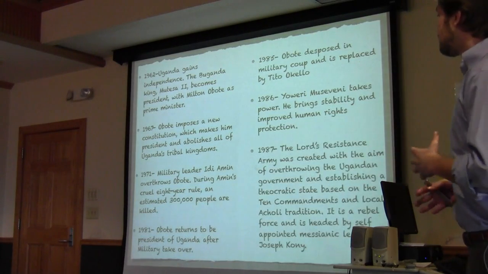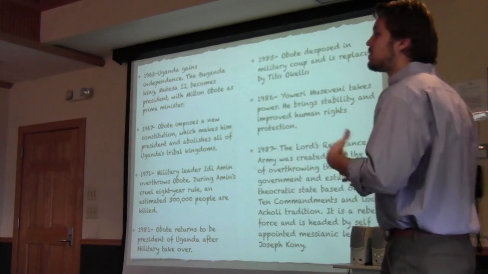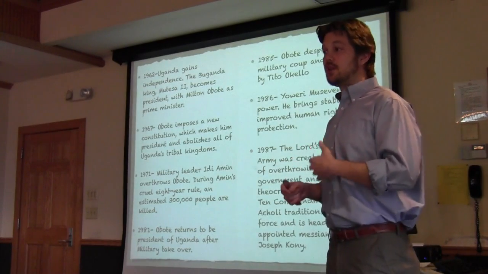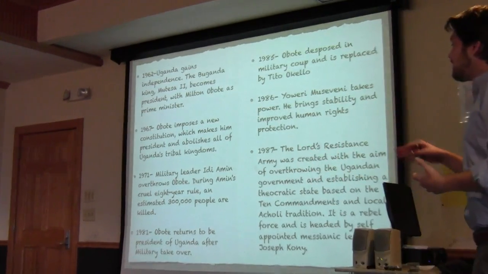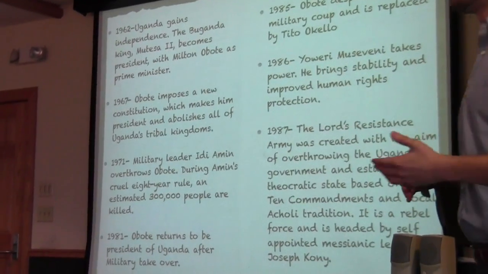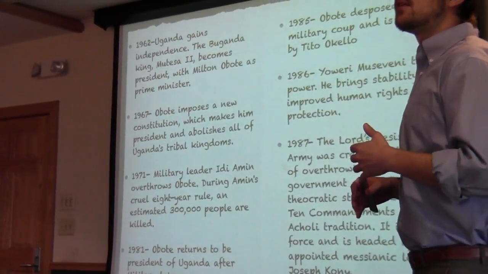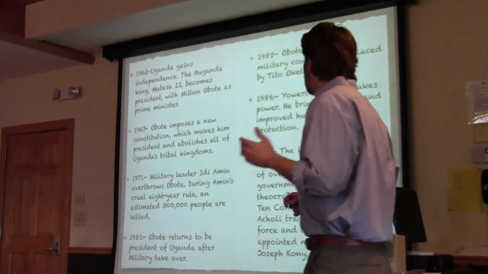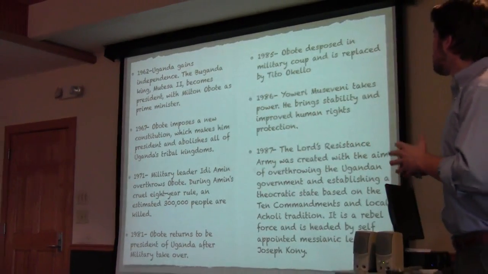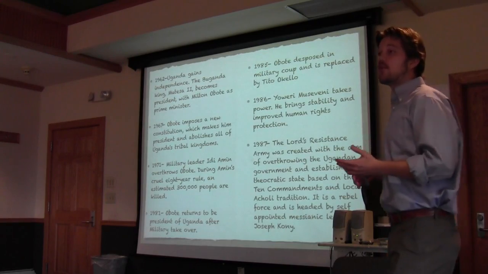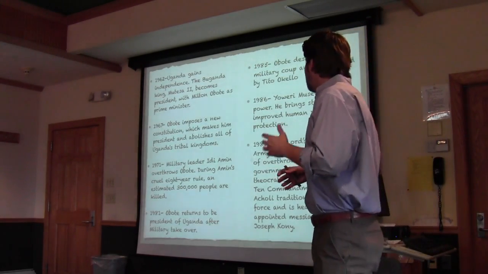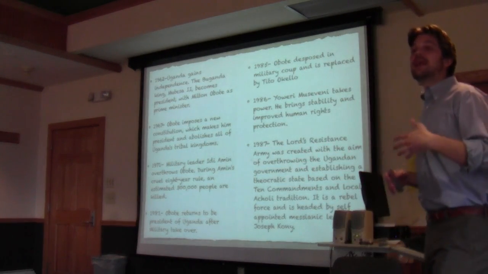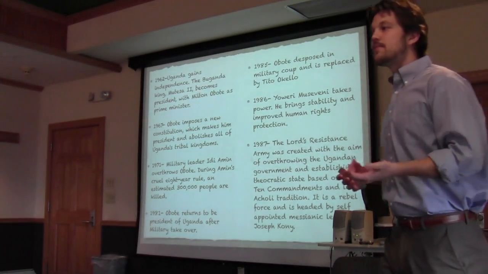And the last thing, and this is what we're going to focus on now, and this is what directly connects with Freedom and Creation and its mission, is in 1987 came the rise of the Lord's Resistance Army, or the LRA, led by Joseph Kony. The goal for this rebel group was to overthrow the Ugandan government and to establish a theocratic state based on the Ten Commandments.